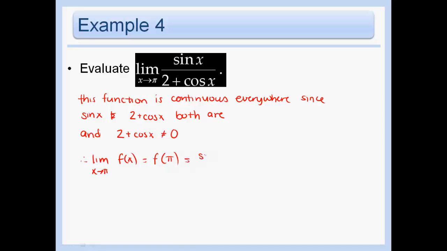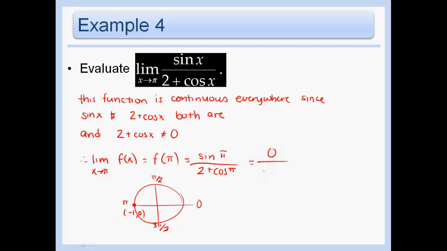And so we have the sine of pi over 2 plus cosine of pi. Now you gotta know what the sine of pi is. Remember our unit circle here. Here's 0, here's pi over 2, here's pi, here's 3 pi over 2. Our coordinates right here are -1, 0, meaning that the cosine of pi is -1 and the sine of pi is 0.